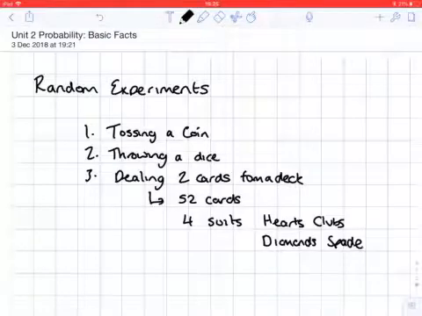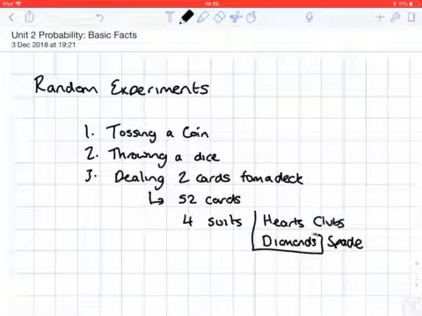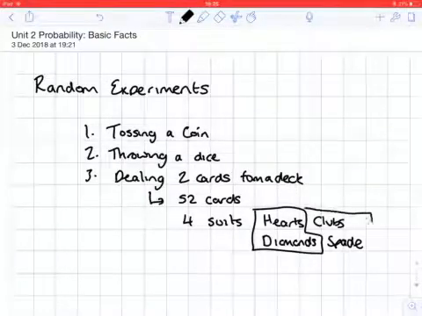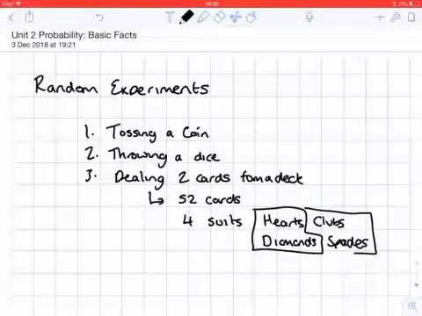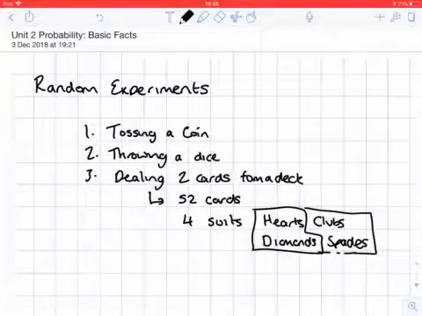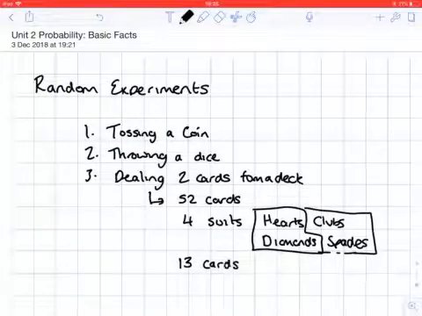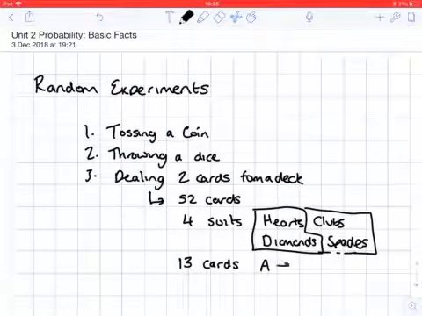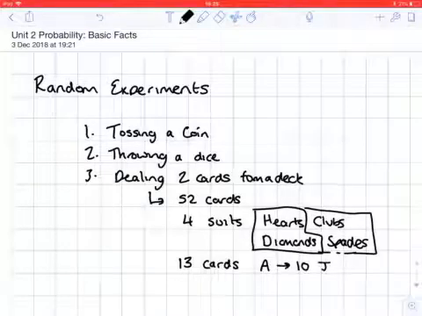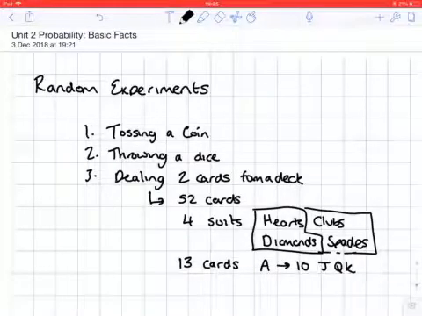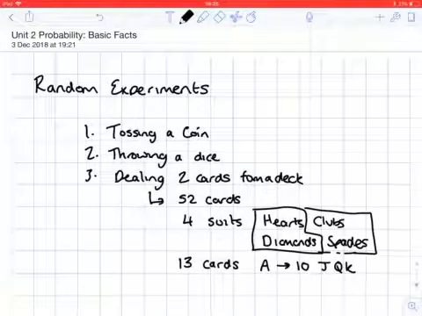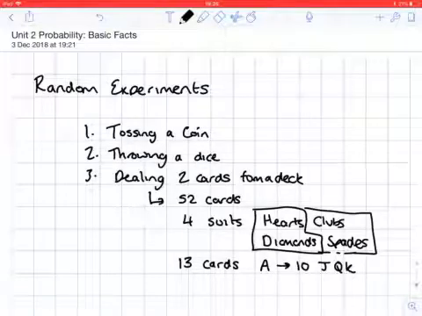And obviously the hearts and diamonds there are red, and the clubs and spades are black suits. And then obviously within each suit there are 13 cards that go from ace to 10. Then we have our jack, queen and king.